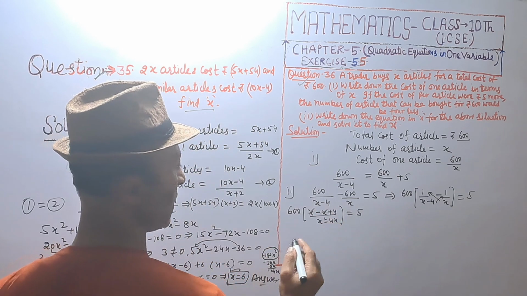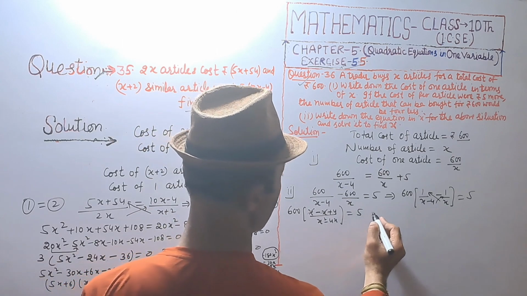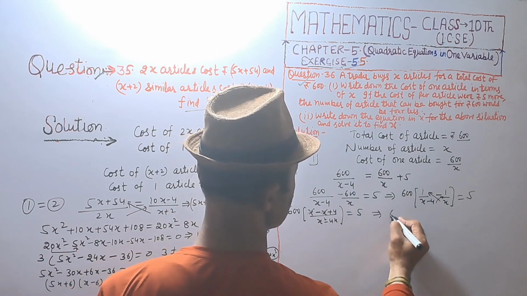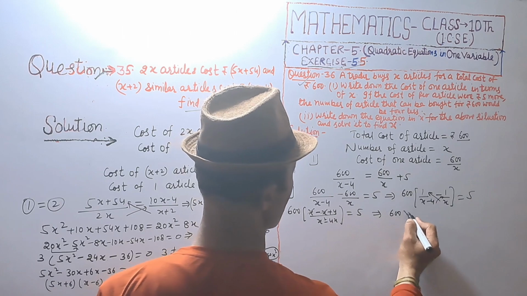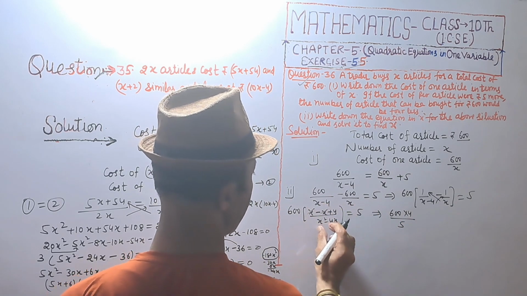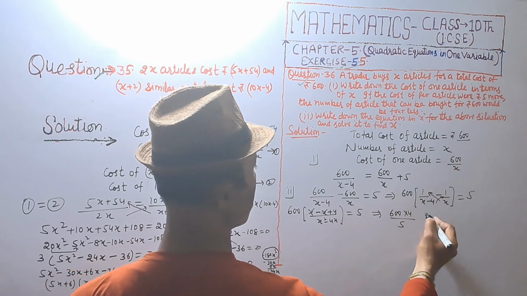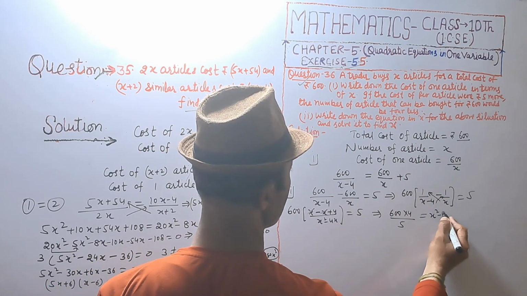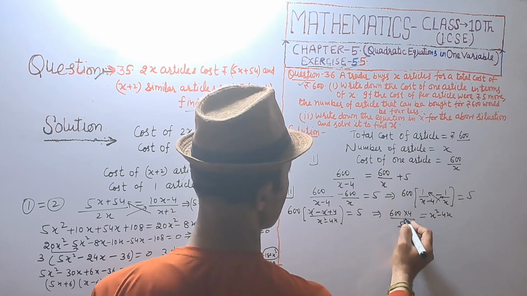X is cancelled, and which implies 600 into 4 divided by 5. This is divisible by 5, and x square minus 4x is shifting right side. That is x square minus 4x.